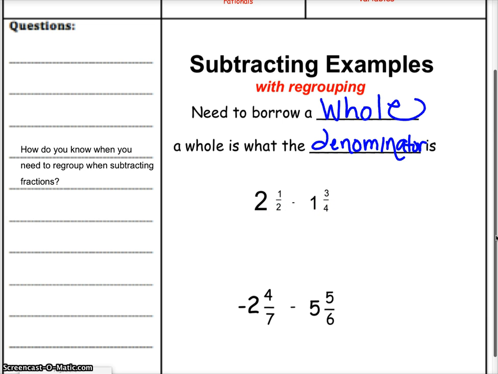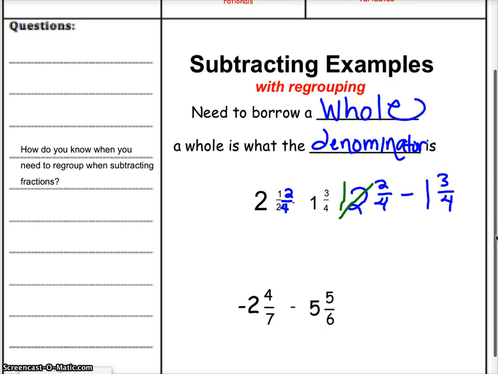Okay, so the common denominator here is 4. So that turns to 2 2/4 minus 1 3/4. Can I take 3 away from 2? No. I mean, you think negative 1, but you don't want to think that. You can borrow. So I can't take 3 away from 2, so I need to borrow a whole.